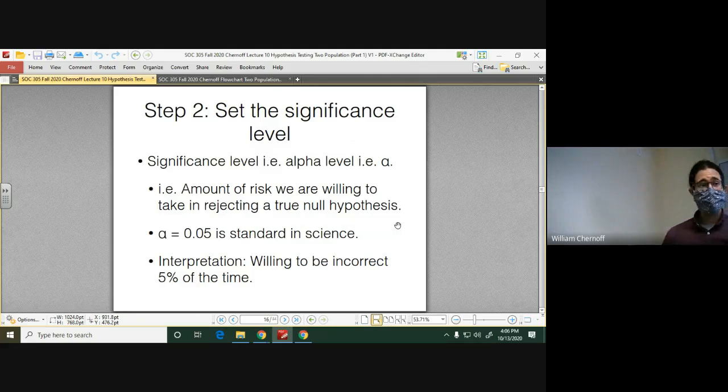For step 2, we set our significance level. Here we just set it to the industry standard of 0.05.